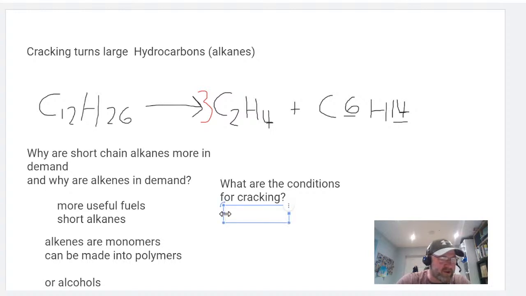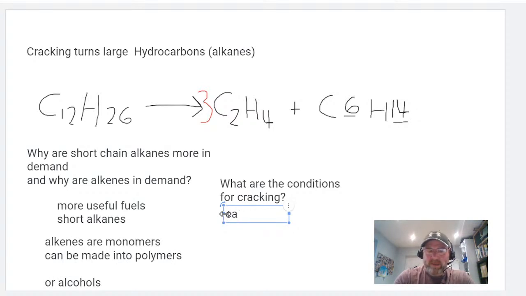What are the conditions for cracking? Yep. There's thermal cracking, catalytic cracking. Yeah. Steam cracking and catalytic cracking. So, catalyst.